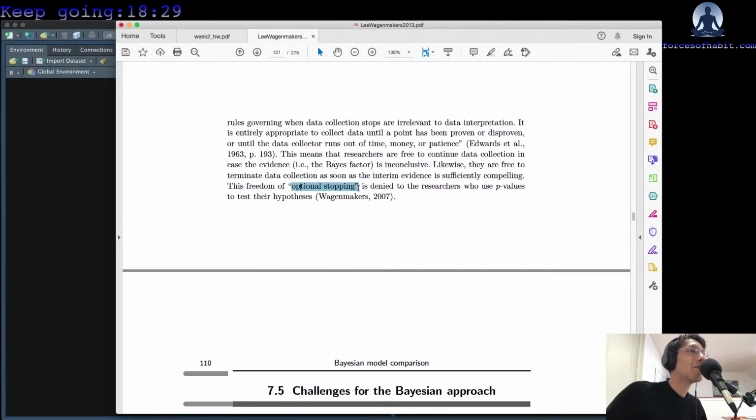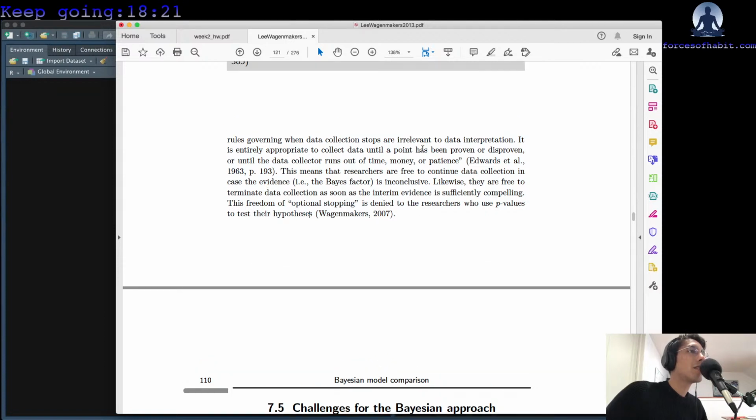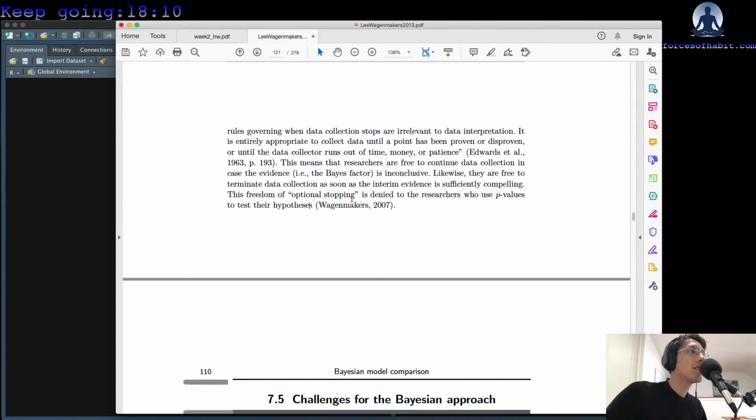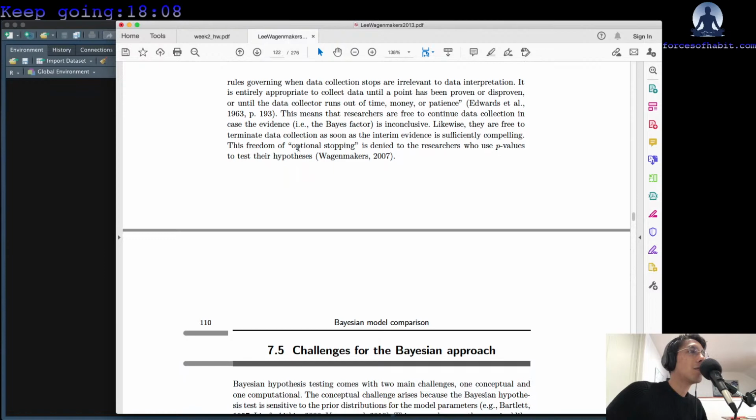So we have this freedom of optimal stopping. It is entirely appropriate to collect data until a point has been disproven or proven, and continue data collection, likewise. People who use p-values can't do this type of technique.